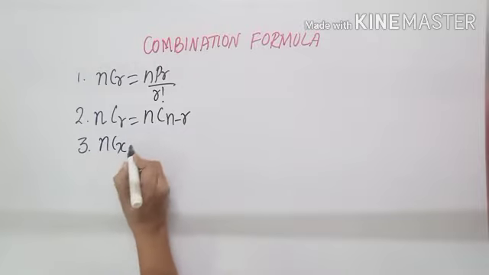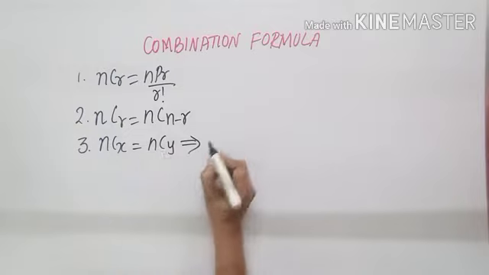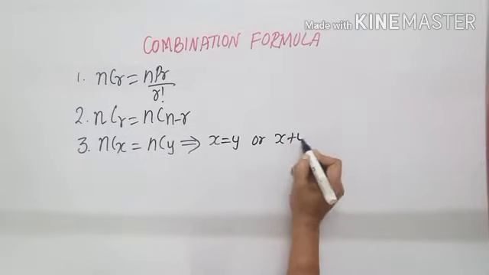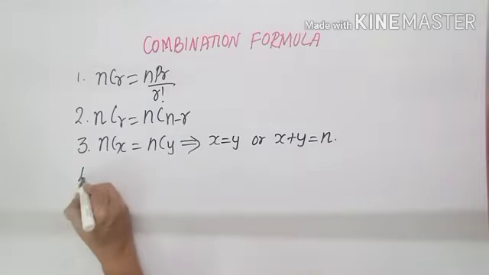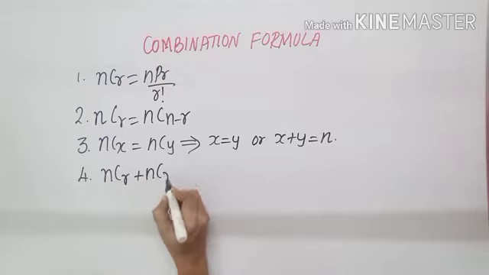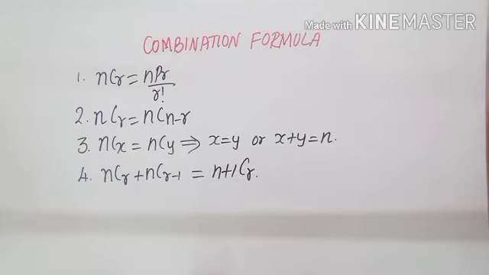So nCx equals nCy implies either x and y must be equal or x plus y should give n. From Pascal's triangle we get nCr plus nCr minus 1 equals n plus 1 Cr. So these are the very basic formulas that we use in this class.